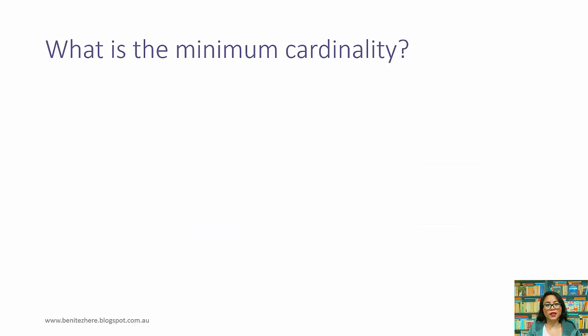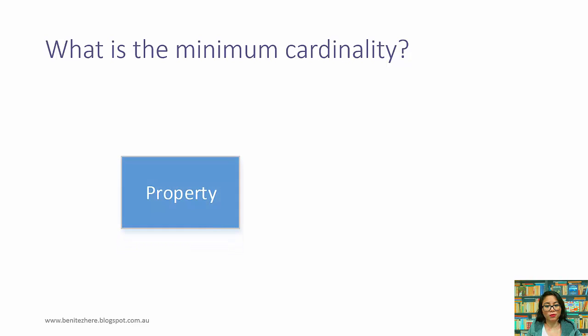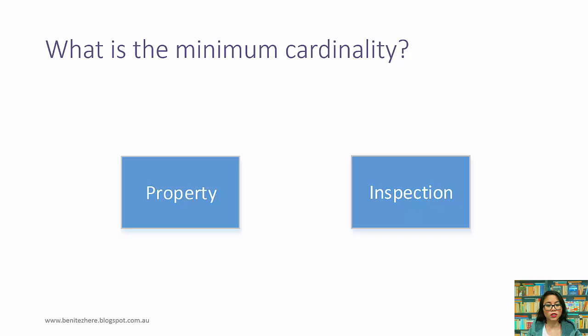Okay, so then the next step in relationship diagrams is you need to think about the minimum rule. So again, we bring up the property and we bring up the inspection. If you think about it, a property needs to have at least one inspection.